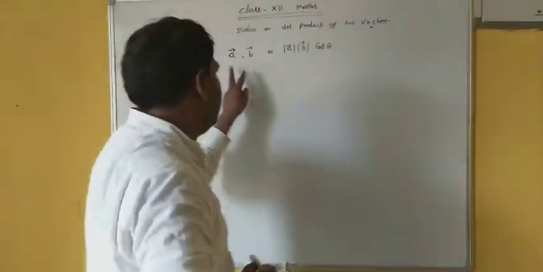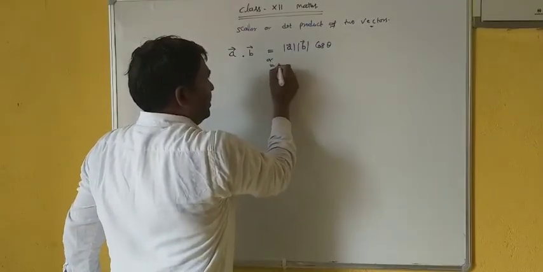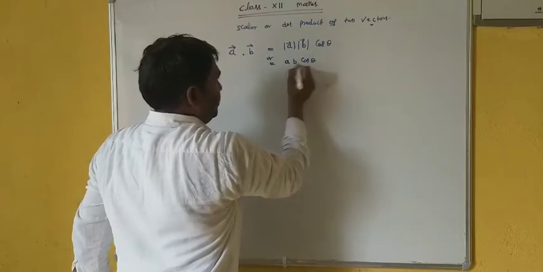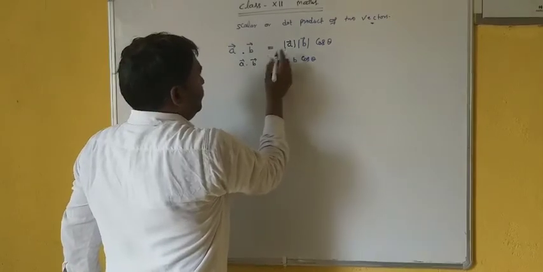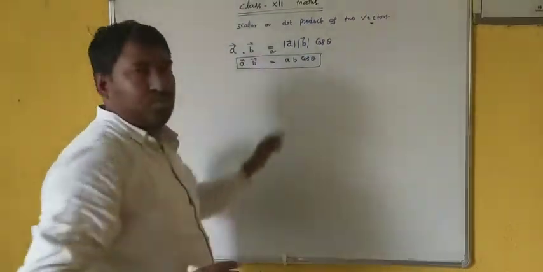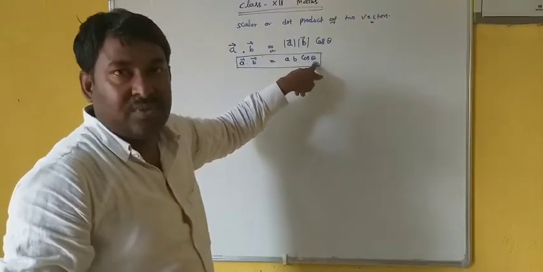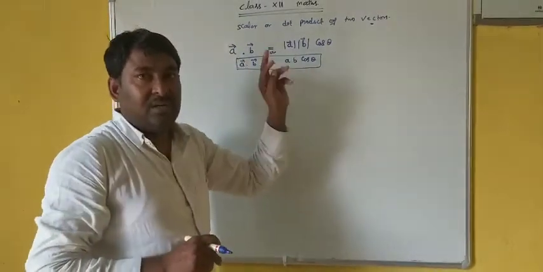Here theta is the angle between these two vectors A and B. Or we write it like A B cos theta. So A dot B is equal to modulus of A, modulus of B, and cos of theta. Theta is the angle between vector A and vector B.